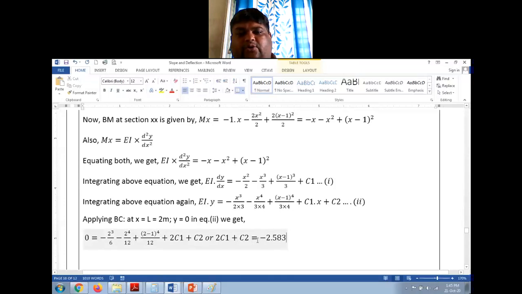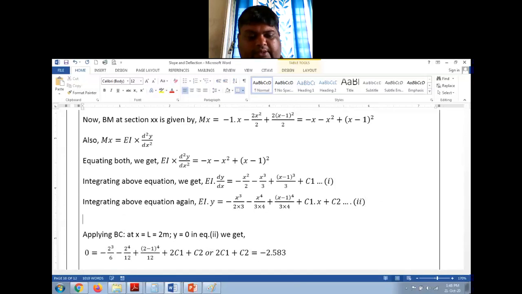Now what I have to do, I have to put the other boundary condition in equation 1. So from that I will get C1, then I will find C2. Now rather I should have done that first. Let me do it like that.